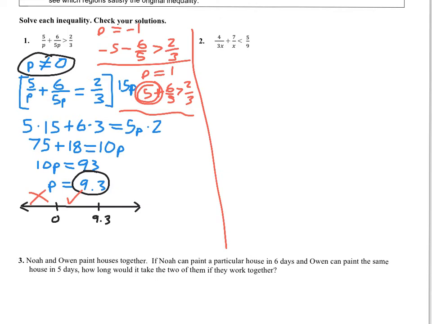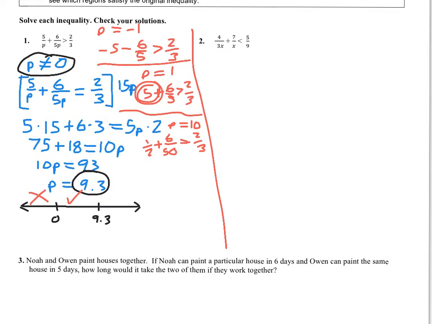Now we have to test a number bigger than 9.3. So I think 10 might be a good number to test. I'm going to plug in p equals 10, and I get 5 divided by 10 is 1/2 plus 6 divided by 50 is greater than 2/3. I'm not sure, so let's simplify a little further.